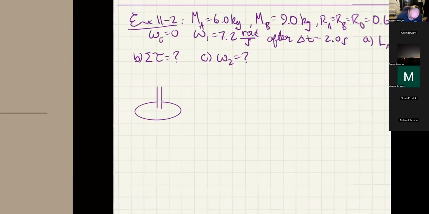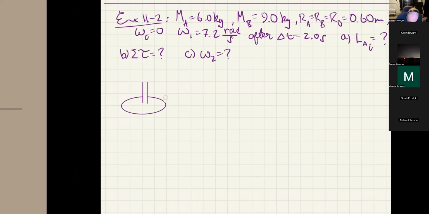So you can see that it's actually that. This is MA, by the way, and it's rotating. And what's going to happen is we're going to have a similar disk that has a mass MB.